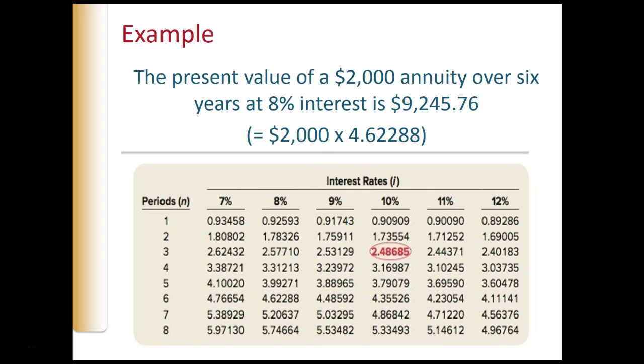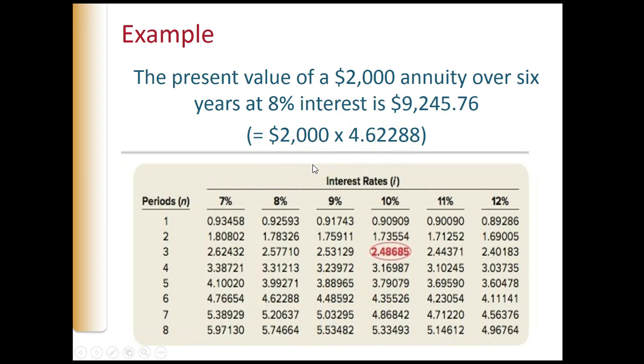So the present value of a $2,000 annuity over 6 years at 8% is $9,245.76. We're going to use 8% over 6 years, so we're going to use the factor 4.62288 to calculate this equation.